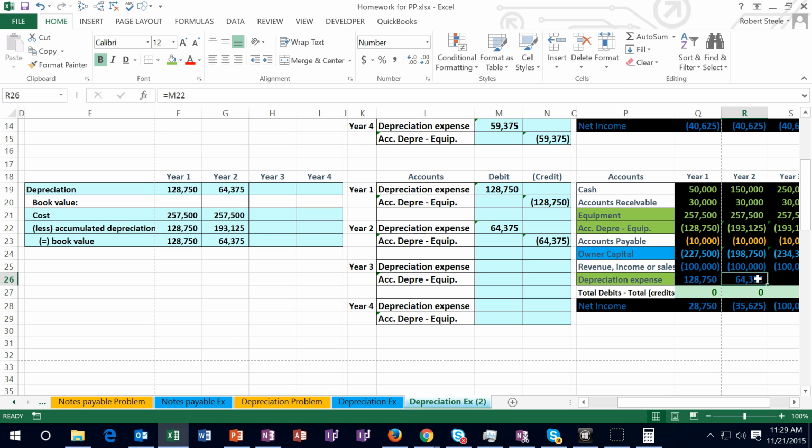Notice that in year 2, the depreciation expense is only $64,375, whereas it was $128,750. The accumulated depreciation is $193,125. You might be saying, well, why are these two different? Why shouldn't they be equal and opposite if the journal entry is recording an equal amount of debits in the case of the depreciation and an equal amount of credits in the case of accumulated depreciation to these accounts?